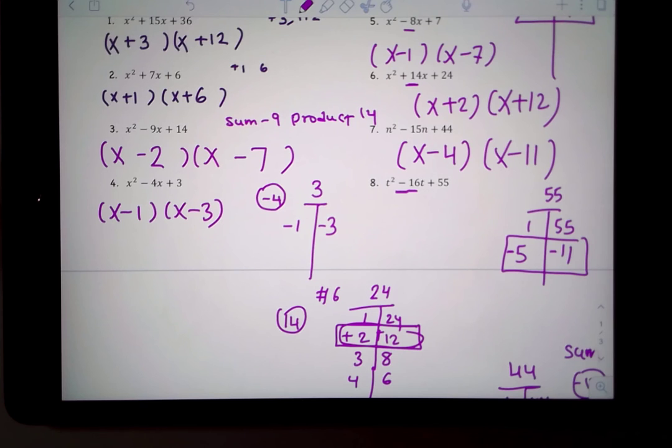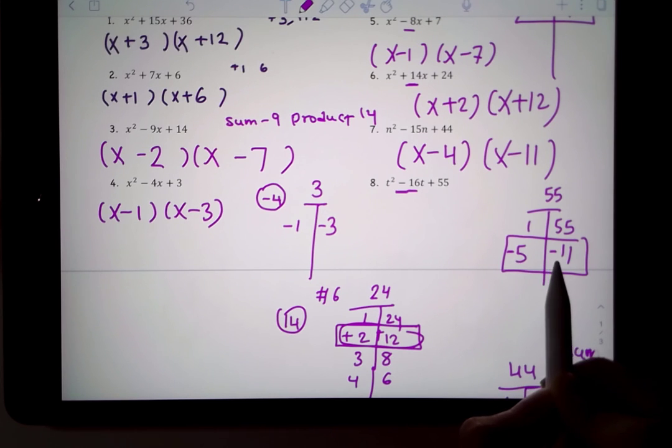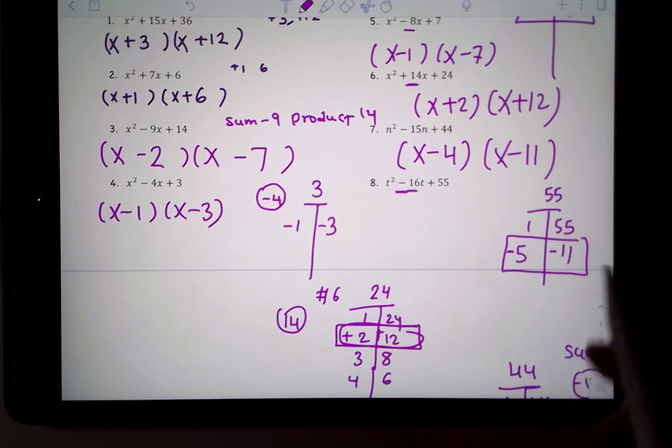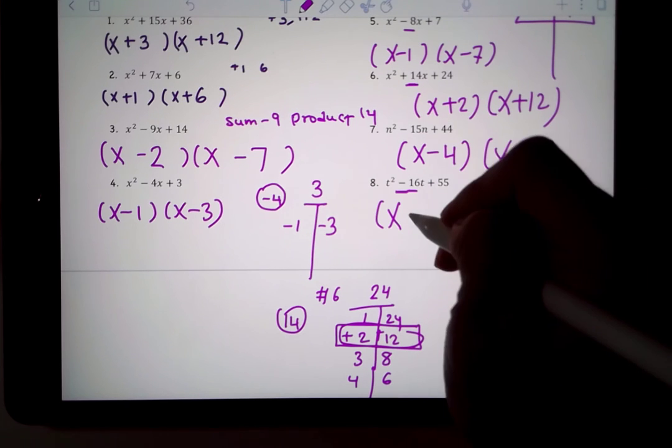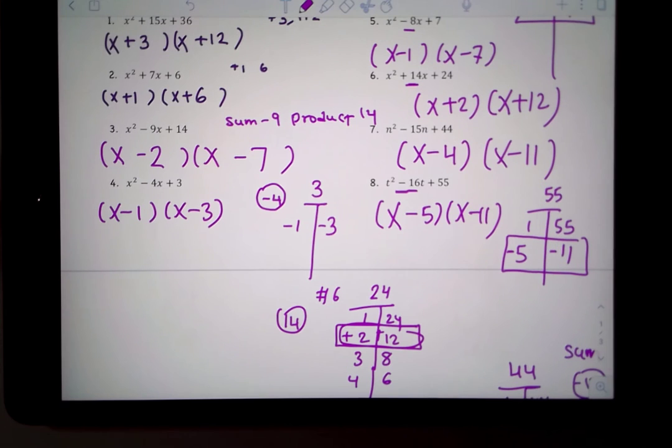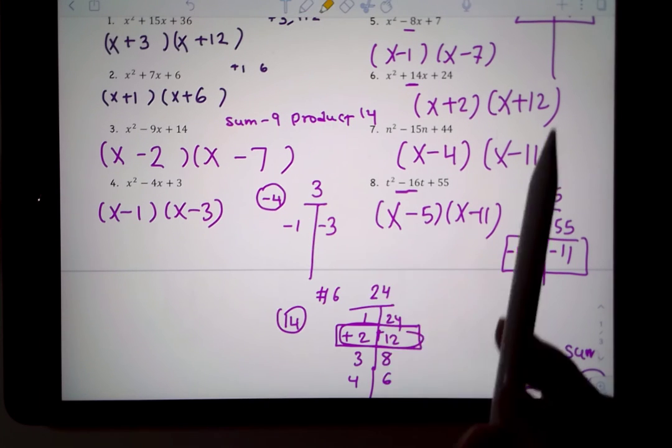Once you find your numbers, ask yourself: is my product 55? Negative 5 times negative 11, that's 55. Is my sum negative 16? When you add it, you get negative 16. So this is your number, and you do x minus 5, x minus 11, like that. Then we are done, guys.